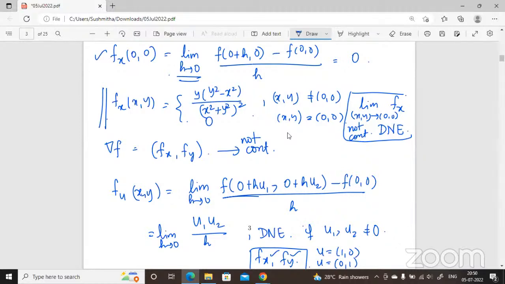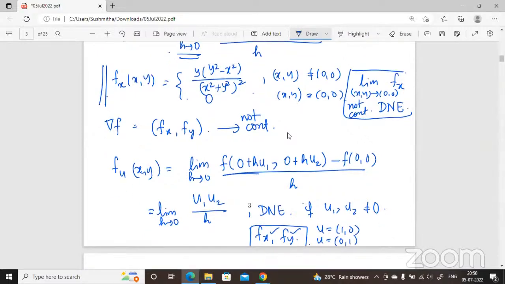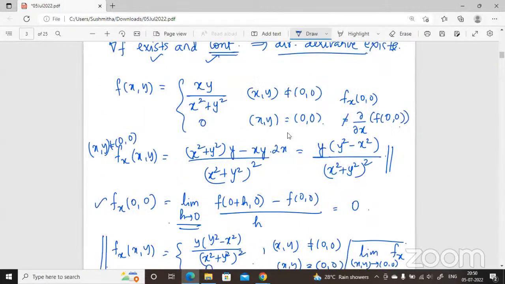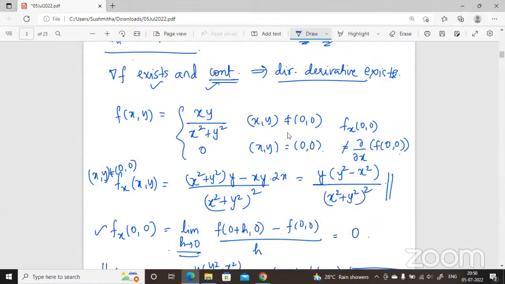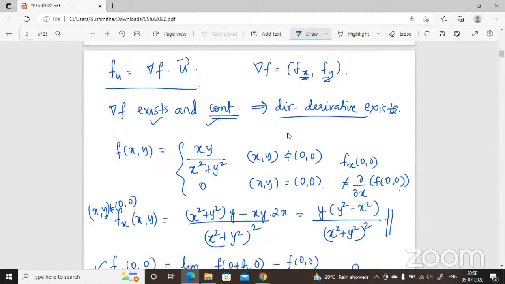We have found the derivative, so fx exists, but it is not continuous. And this means that when we get this gradient vector or gradient function, we have to check for its continuity. The continuity of the gradient just means continuity of both the partial derivatives. If the gradient is continuous, then we can calculate the directional derivatives using this formula.